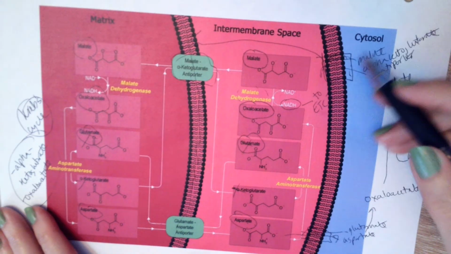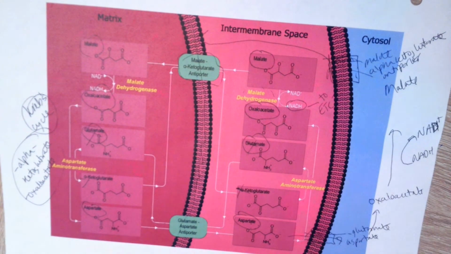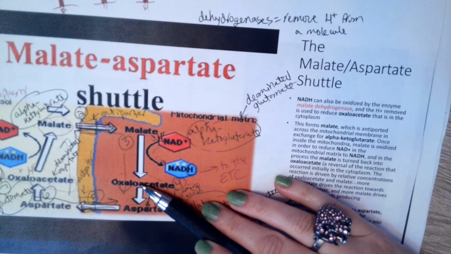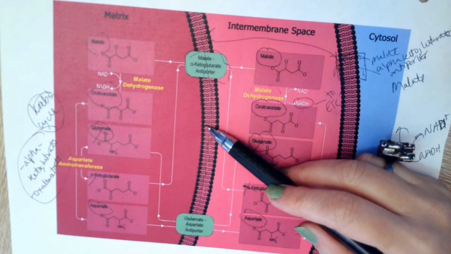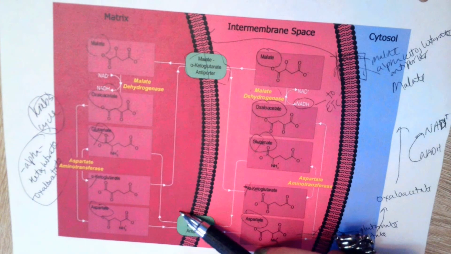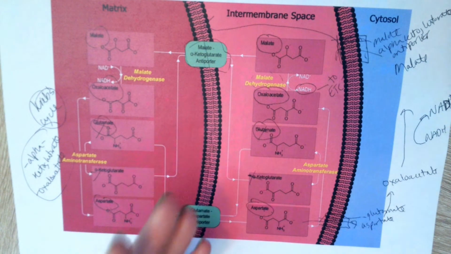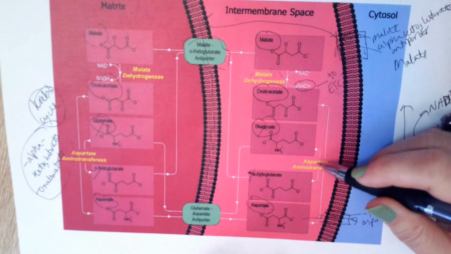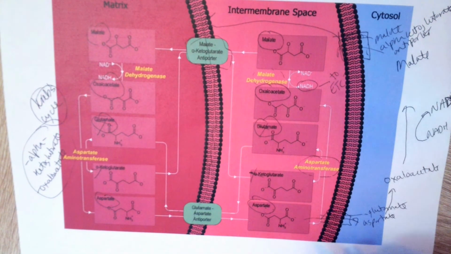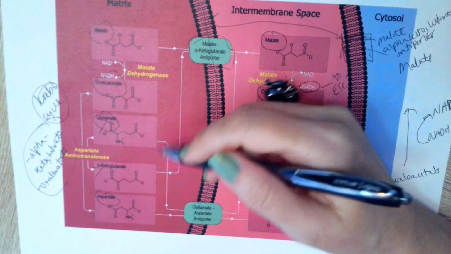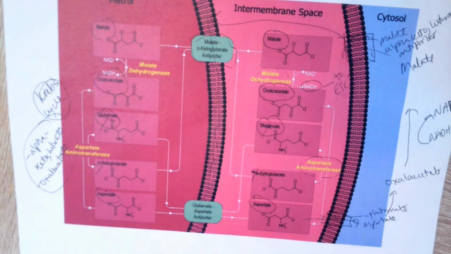So once you understand the shuttle here, it's just going to happen exactly again in the same way over here. All the same players, all the same carriers, all the same enzymes, molecules, everything is the same. The same with the transferring of the amino acids, all happening over here between glutamate and alpha-ketoglutarate, and aspartate and oxaloacetate.